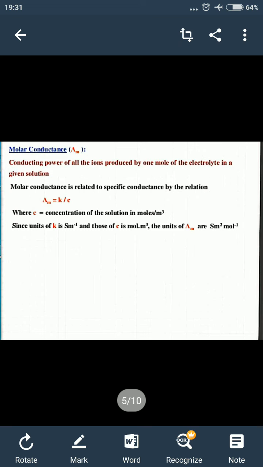Molar conductance and equivalent conductance are related to the specific conductance by the relation lambda m is equal to kappa upon c.